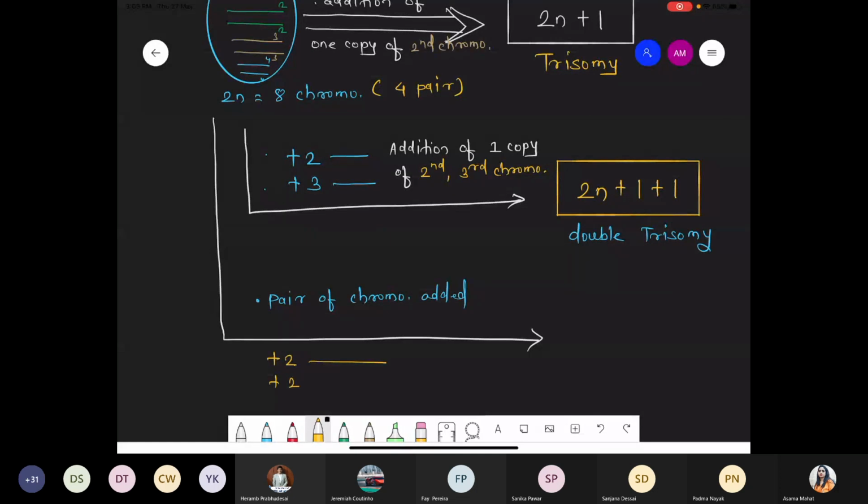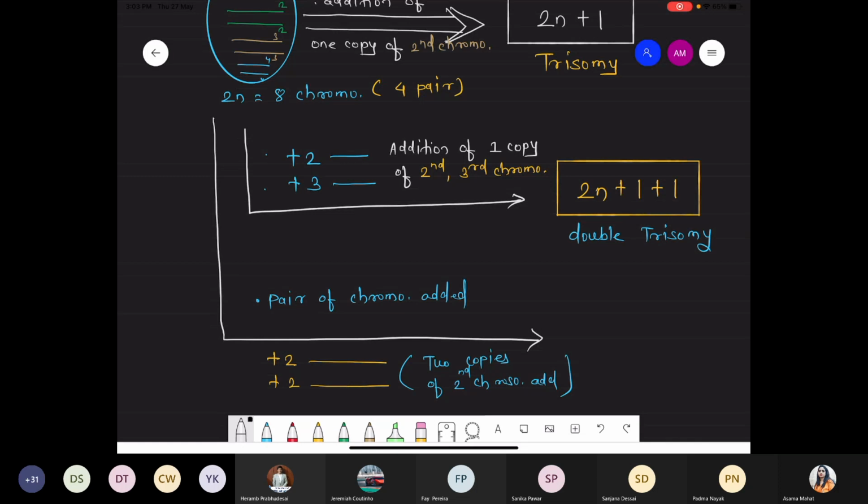So we have 2 chromosomes, these are the plus 2. So what do you understand from this condition? 2 copies of the second chromosome get added. Yes or no? How many copies now? 2 copies of the second chromosome get added. That's why it is represented by a pair of chromosomes. So in this condition, both copies are from the same chromosome.